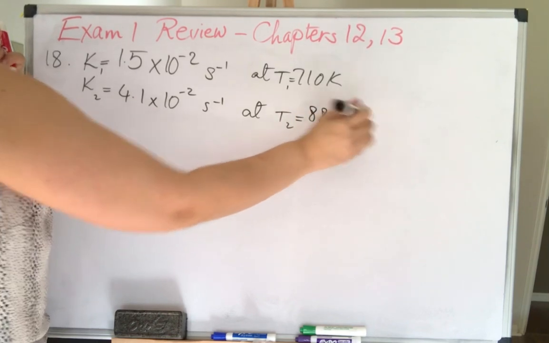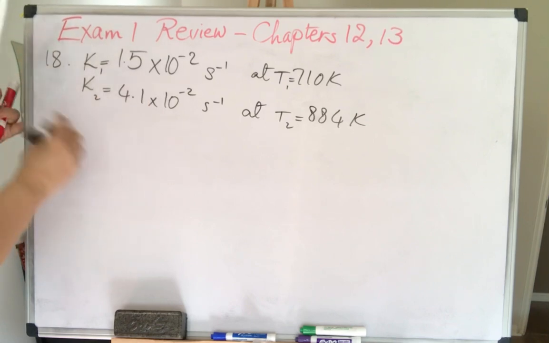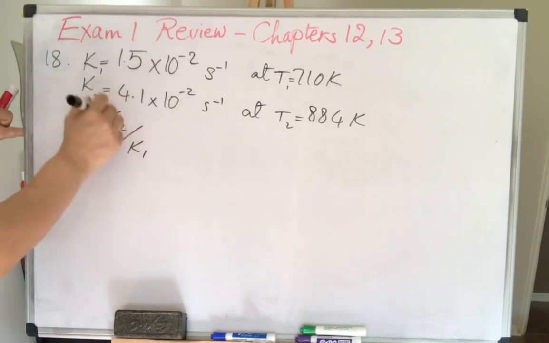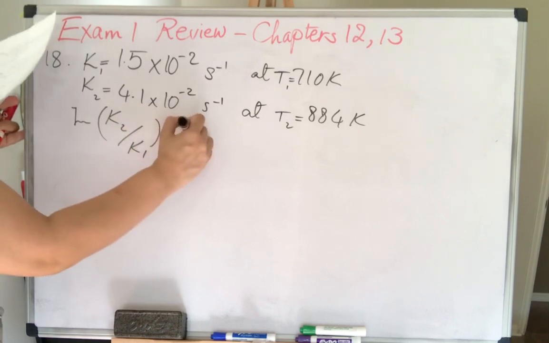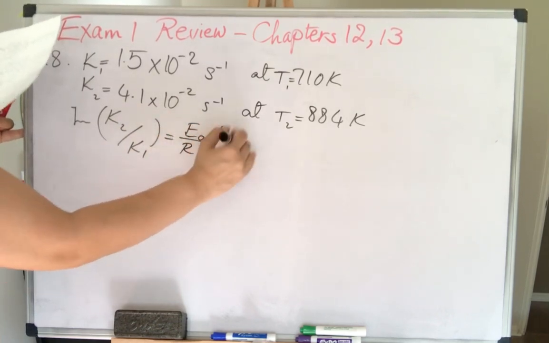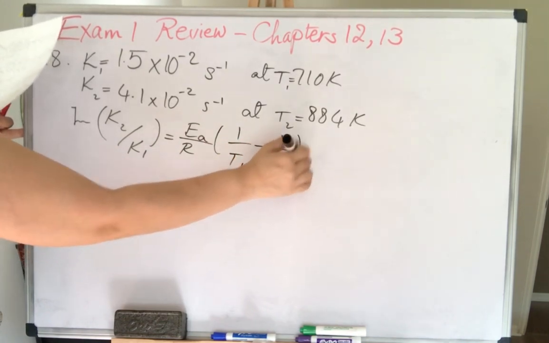It should remind us of the Arrhenius equation, ln k2 over k1. What are we trying to find? The activation energy, and R is given. Ea over R, 1 over T1 minus 1 over T2.